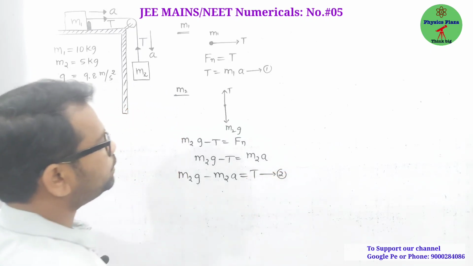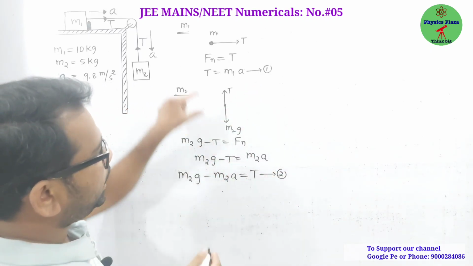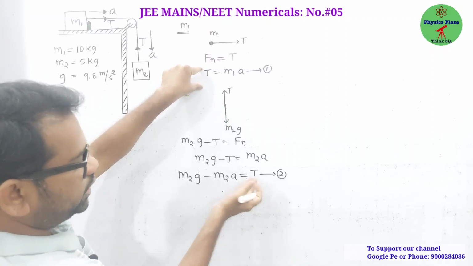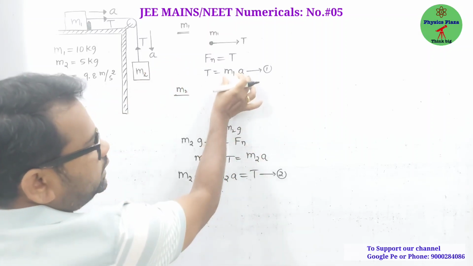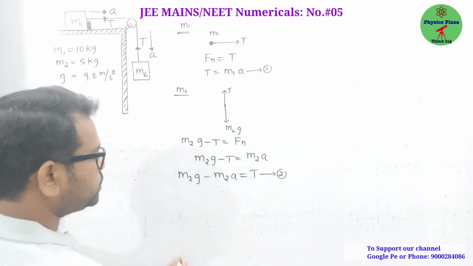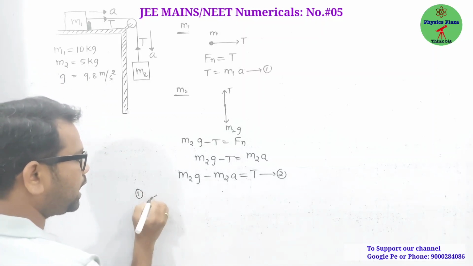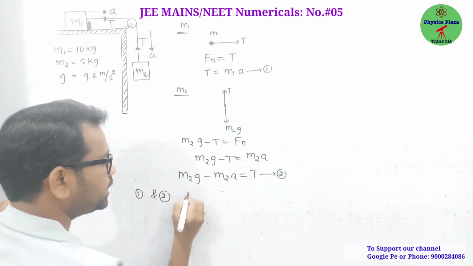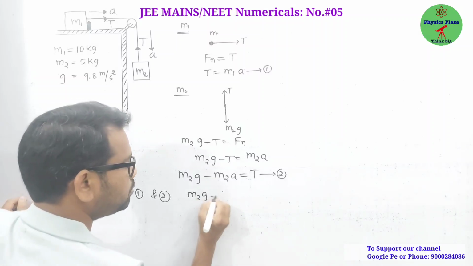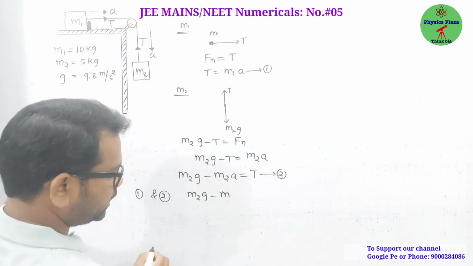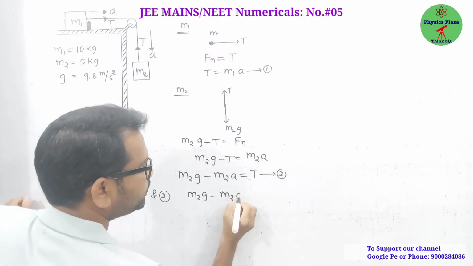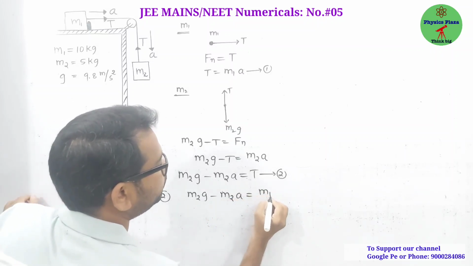Children, now let us compare equation 1 and 2. As the LHS is tension in both, tensions are equal, so these terms can be equated. From 1 and 2, it can be written as M2G minus M2A is equal to M1A.